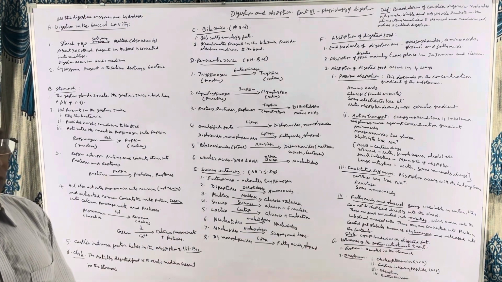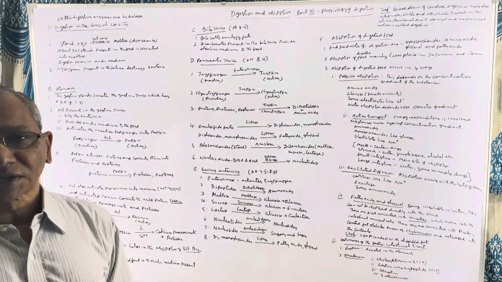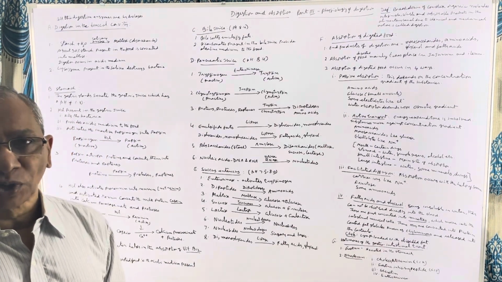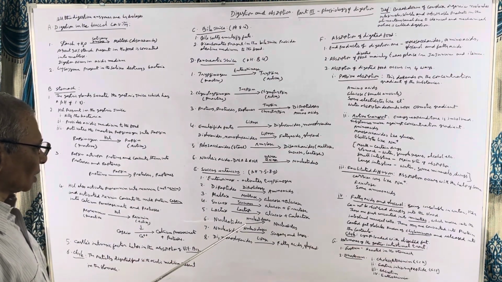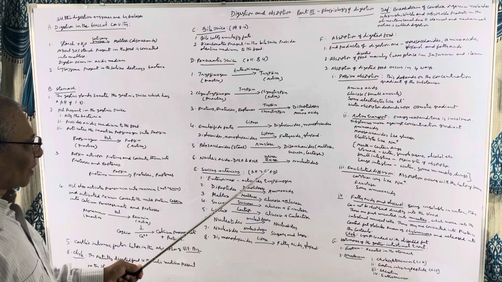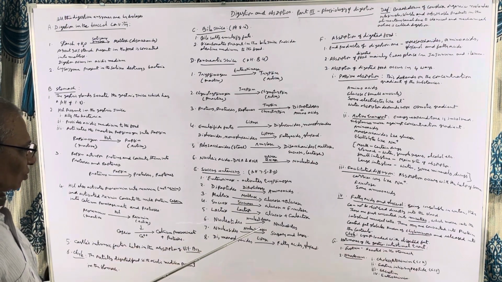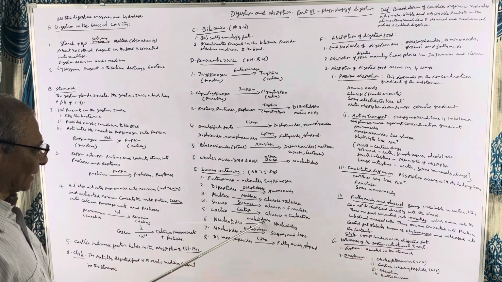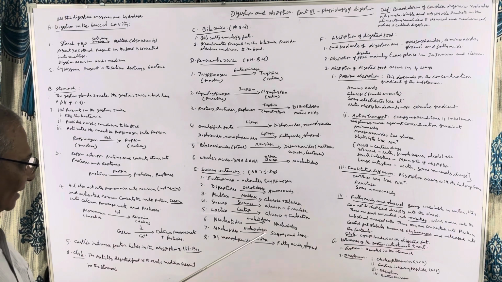So, glucose, fructose and galactose are the end products of carbohydrate digestion. Then, I told you nucleotides are formed due to the action of DNAs and RNAs. These nucleotides are converted into nucleosides by the action of nucleotidases.